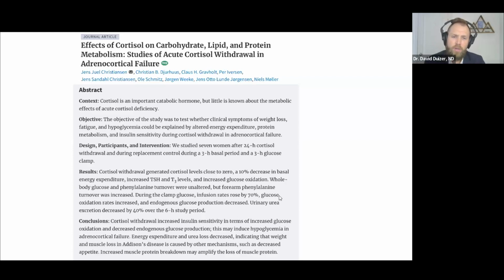When people have chronic stress and burnout and experience very low cortisol from that burnout, it's very similar to this, but not as extreme. The reason I put it in here is because energy expenditure in Addison's disease is lower. So when cortisol is incredibly low, energy expenditure is lower. So our job is to really help to maintain a healthy adrenal function so that people can have maximized metabolism at rest thanks to their cortisol levels.